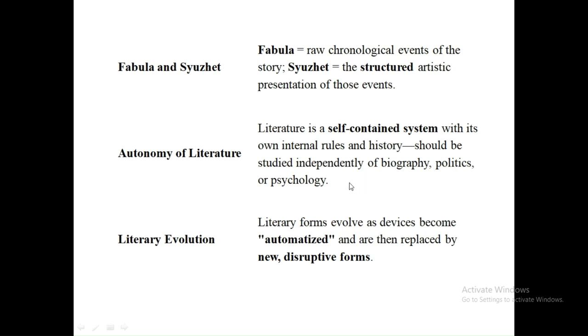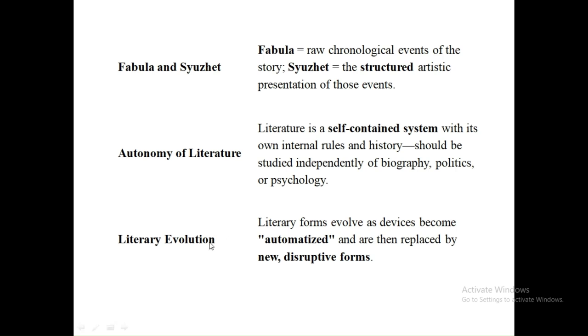We should not focus on these aspects. Literature should be studied independently of biography, politics, or psychology. So autonomy of literature has been given more prominence in Russian formalism.